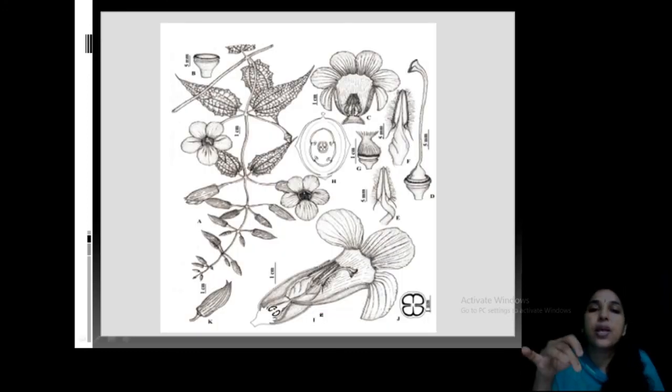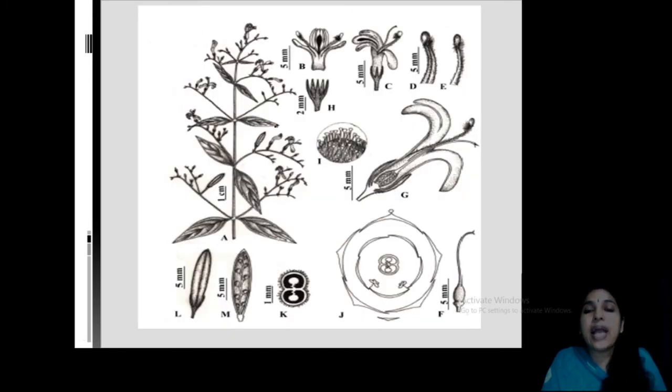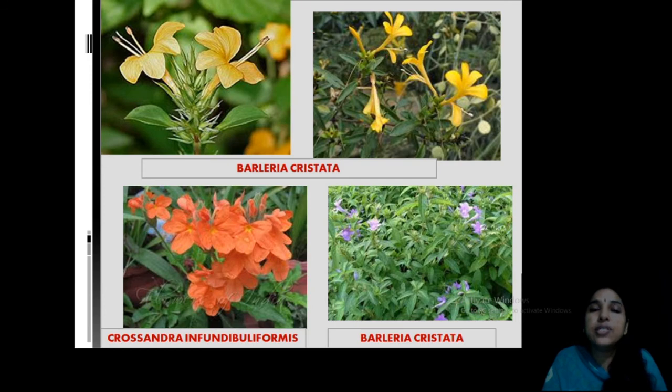Okay, now this is a drawing of Thunbergia. I hope you will be clear about this Thunbergia. And this is another common plant, Andrographis, kiriath. Now the bilipped corolla, you can see the two-sided corolla. Now these are the common plants.